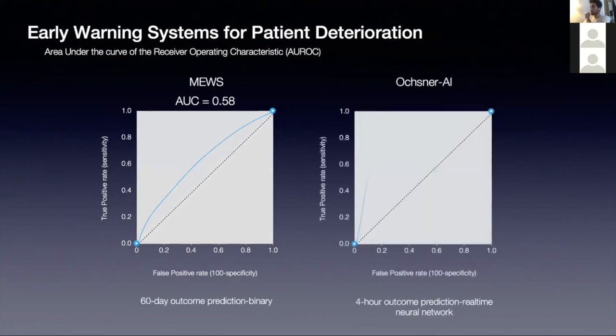Their model had a 0.89 prediction using their AI and ML. And it didn't give you a 60-day prediction, it gave you a 4-hour prediction. So say you're a hospitalist on rounds, you would get an alert saying, hey, your patient's not doing too well. You need to go check in on them now. And they would go in there and assess the patient and see what was going on.